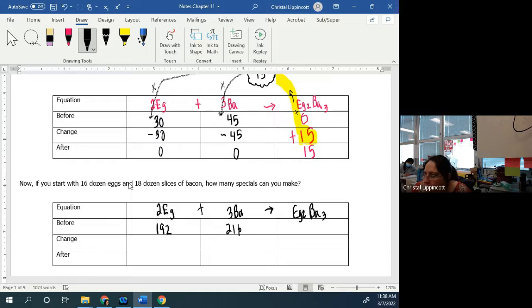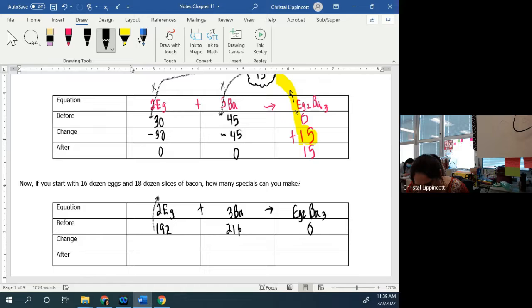Okay. In the beginning, we don't have any of these made. We've got to figure out how many we can make. So what we're going to do is, again, we're going to take these and we're going to go up into the cloud here. When we go into the cloud, when we go up, we do what operation? Divide. So we're going to divide 192 by whatever the coefficient is.